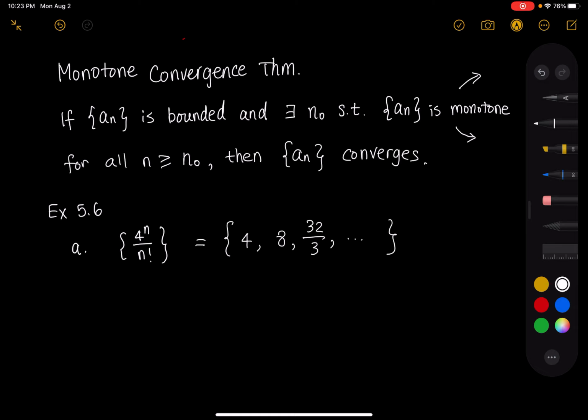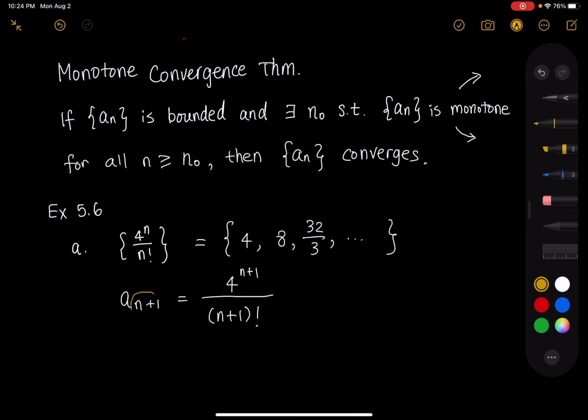And why? You can break down the formula. Find a relationship between a_n and a_{n-1}, or you can find the relationship of a_{n+1}, as the textbook shows you. Replace n by n plus 1, so (n+1) factorial.